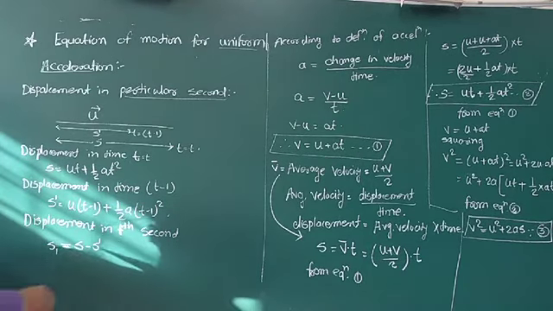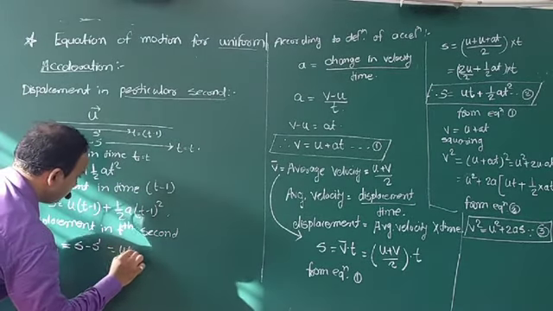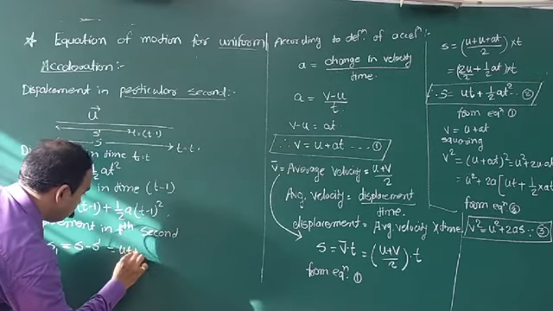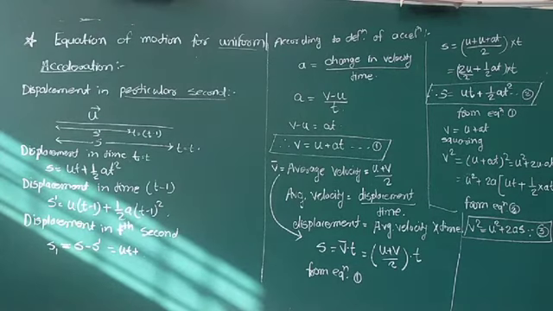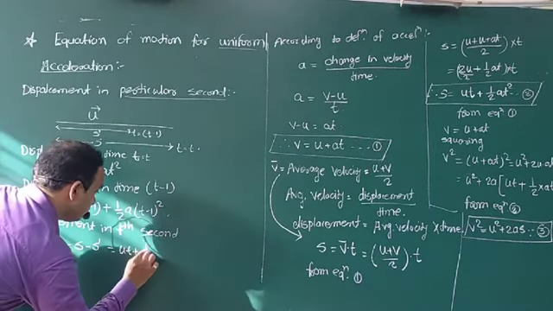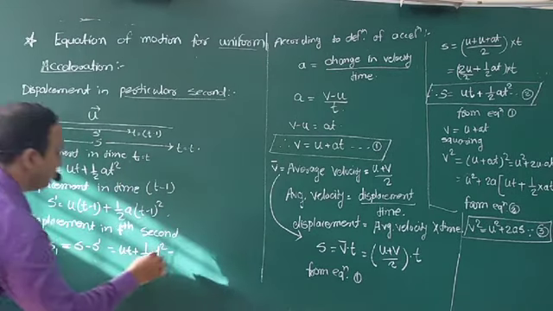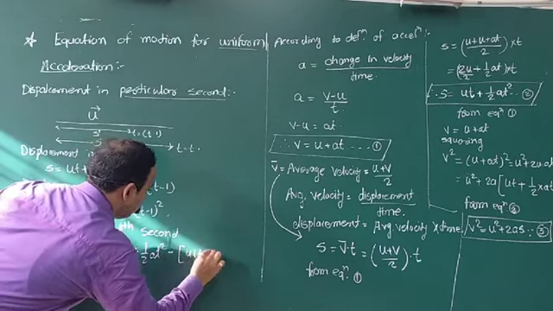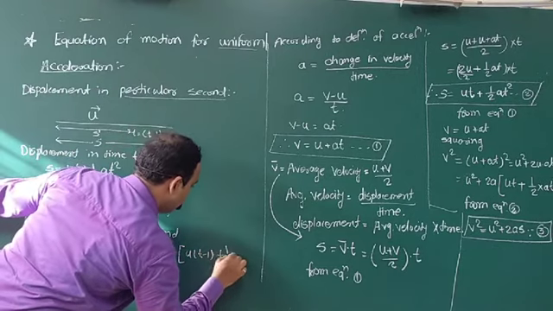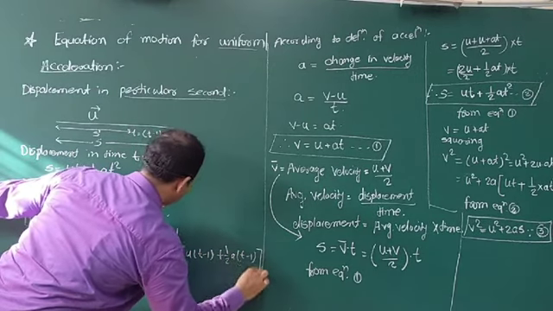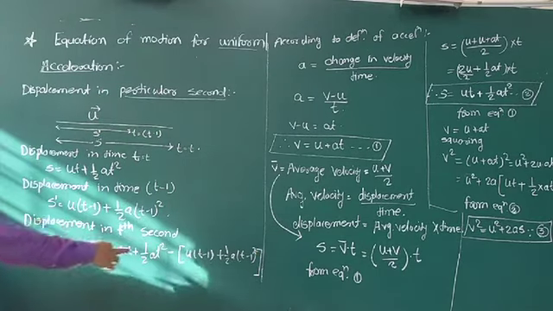So we get ut plus half a t square minus s dash. S dash means u into (t minus 1) plus half a into (t minus 1) whole square.